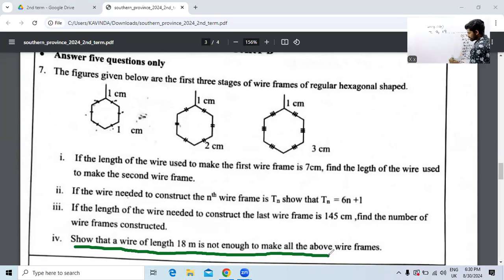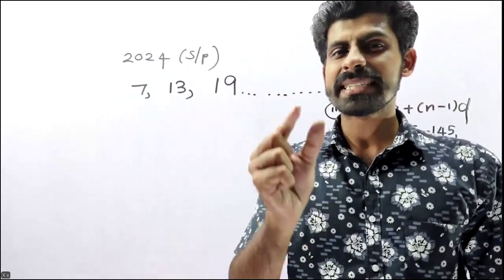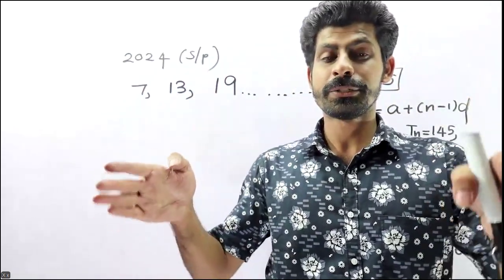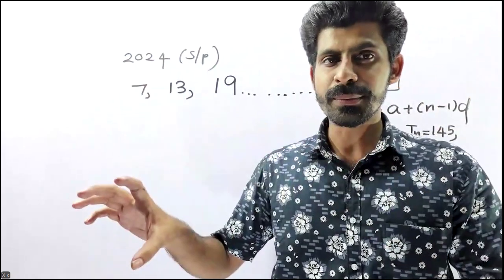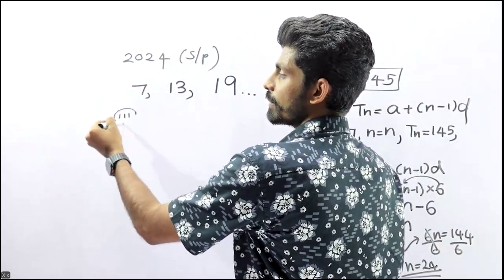Now they are asking to show that a wire of 18 meters is not enough to make all the wire frames. All the wire frames means the total value. How do we find the total value?